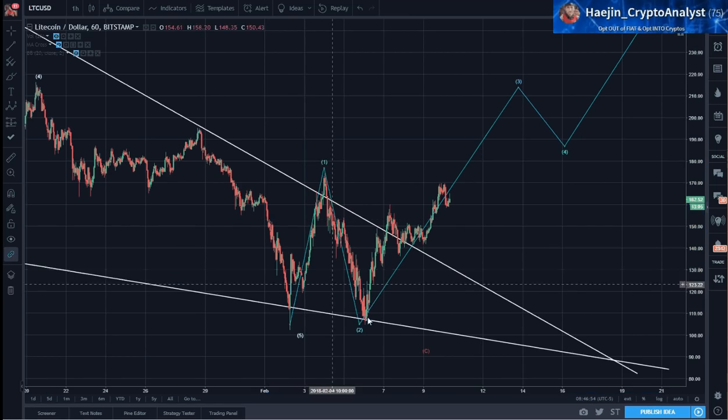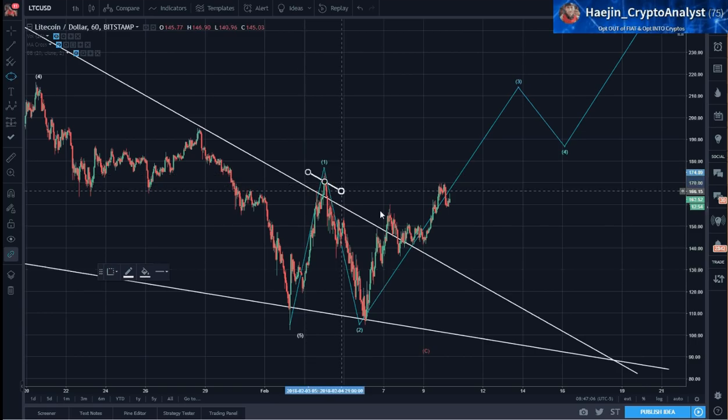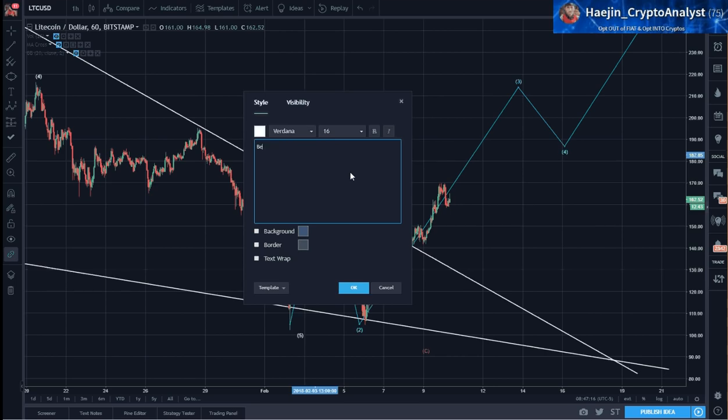Notice how here was a bear wick. This is called a bear wick. Bear price wick.